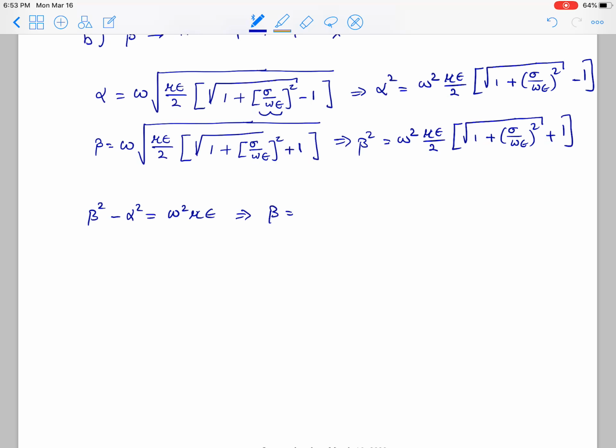Therefore, beta becomes... I will always take the positive root, since the negative root is valid if we have metamaterial.